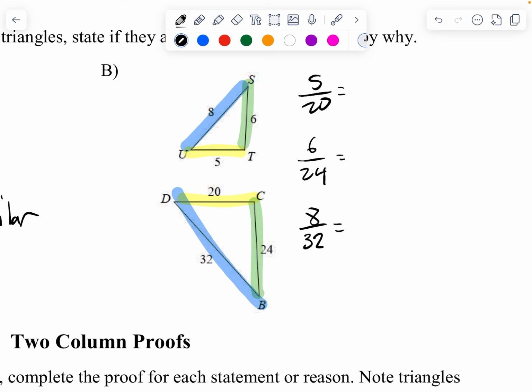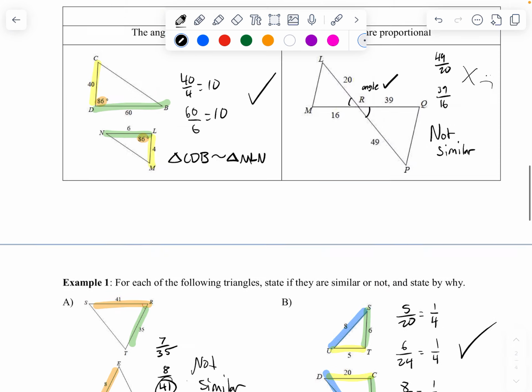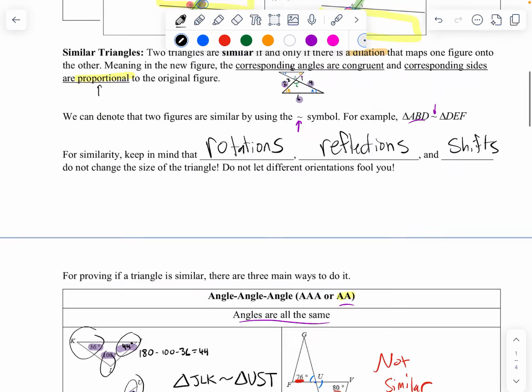I just cared to see if I get the same number. 5/20 is 1/4, 6/24 is 1/4, and 8/32 is also 1/4. They all match. Yes, they are similar. State it as such. So triangle STU similar to triangle BCD. There you go. All right, so that's triangle similarity, how you determine it.